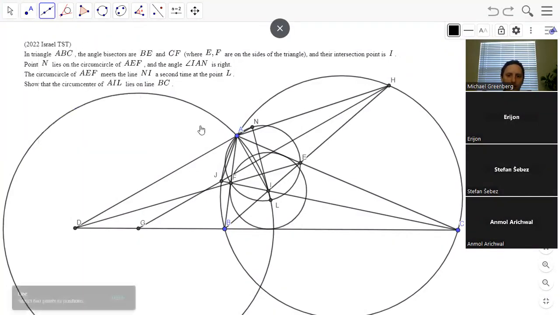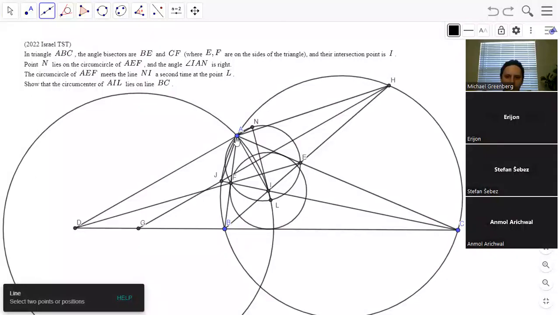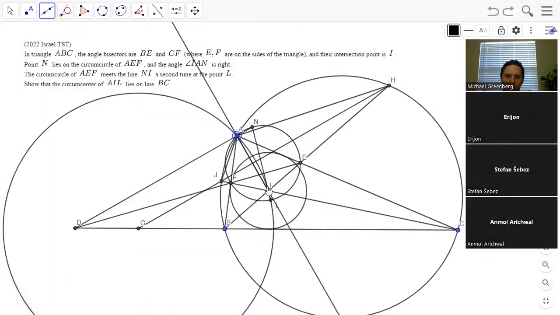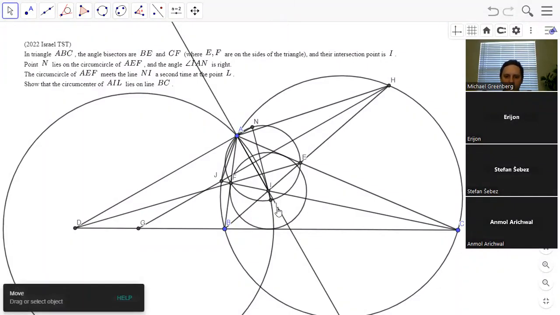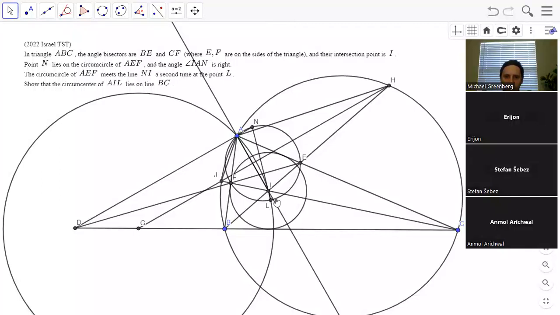So that problem I did on Discord previously, I think I let AI intersect this arc at a point. So maybe that'll work here. It's just going to be really close to point L.